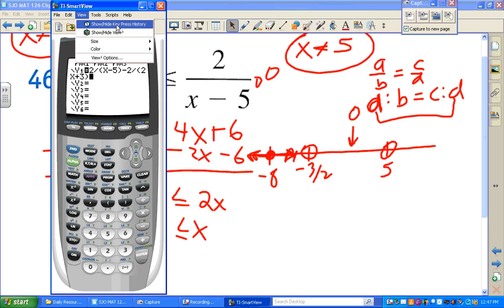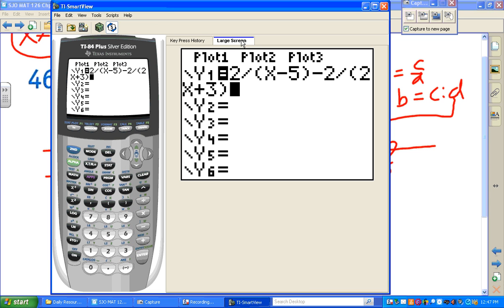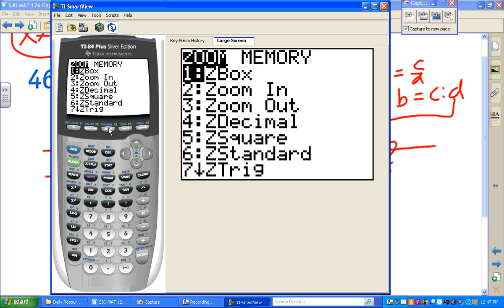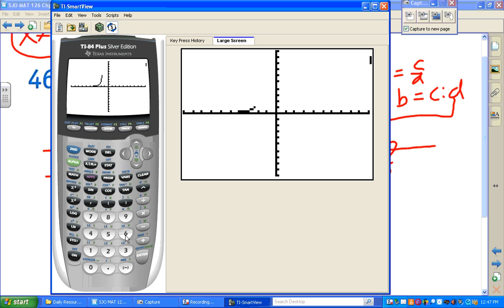view, graph. Zoom 6. Let's tell me that there's 2 regions above this. What do you think this number is right here?